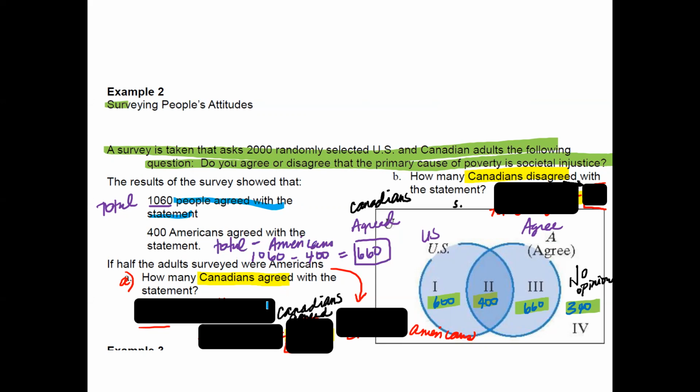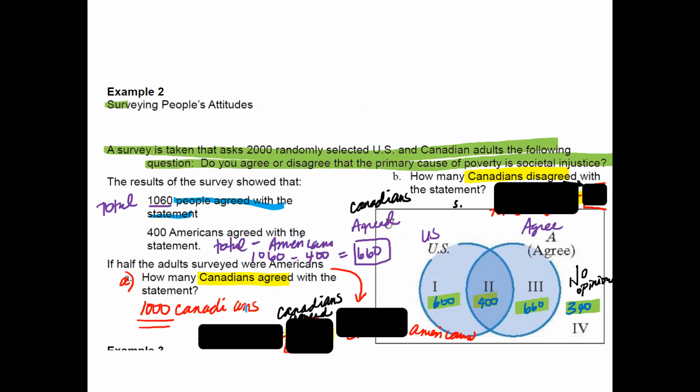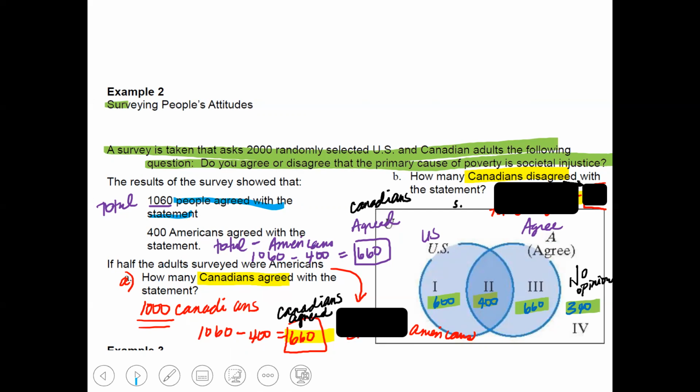And then it's also giving you that if half the adults surveyed were Americans, how many Canadians agreed with the statement? In order to find that one, you will take the 1,000 Canadians, and you're going to subtract that. So you take 1,060 minus the 400, which is going to give you 660 on the side right here.